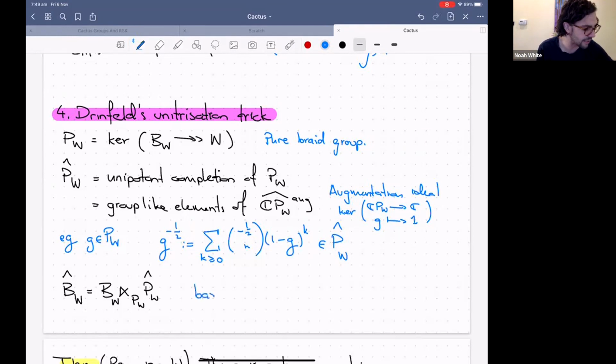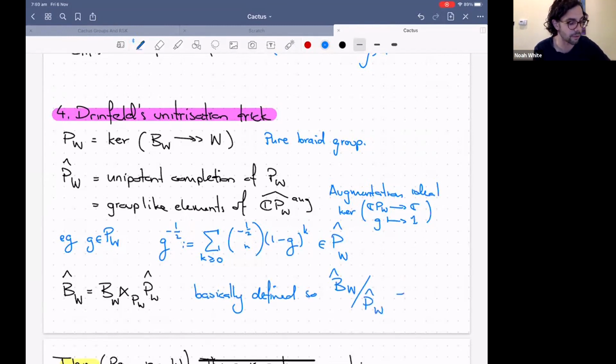It is defined so that the quotient of this thing by the unipotent completion of the pure Braid group is W. Usually, if I remove the completions, this is W, and we still want this to be W. That's what this definition is doing. The important thing is that you're allowed to take power series in the pure Braid group.